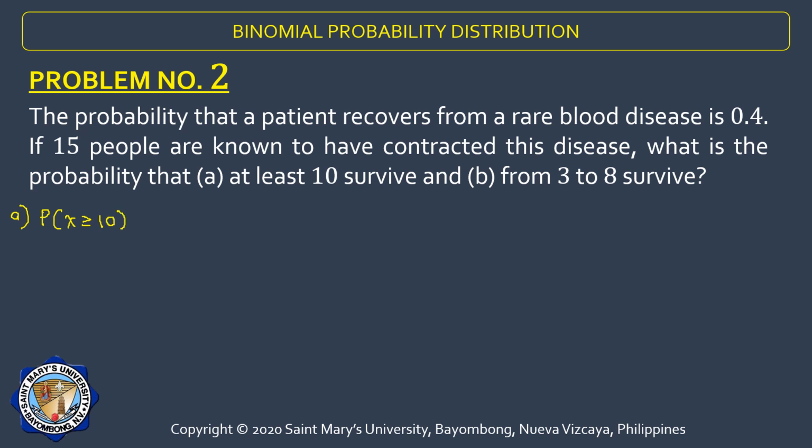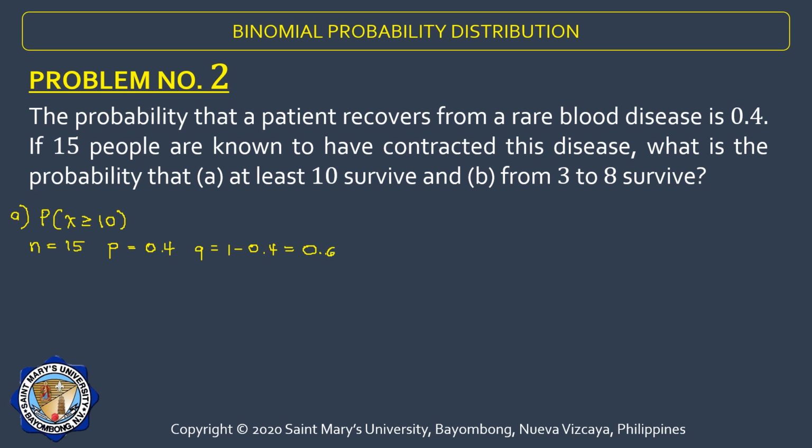So how are we going to solve for the probability that x is greater than or equal to 10? Let us first identify the given. Ang n natin is equal to 15. Our probability of success p is 0.4. And probability of failure, yung q natin, is 1 minus 0.4, which is equal to 0.6.